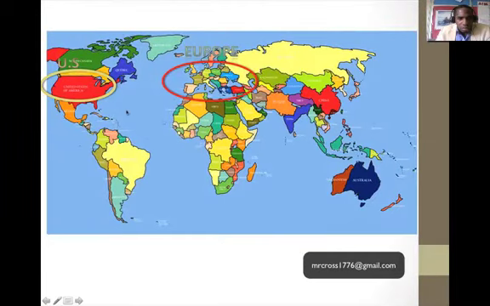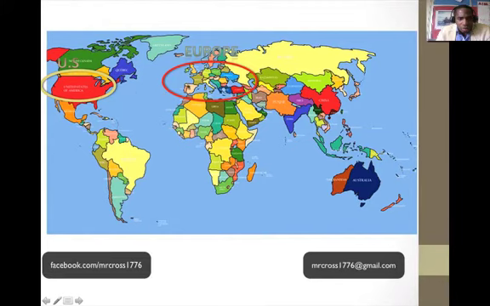The reason it was able to be neutral is the distance between the United States and Europe, Africa, and Asia. That's why the United States was able to stay out of a lot of those wars that were happening there.